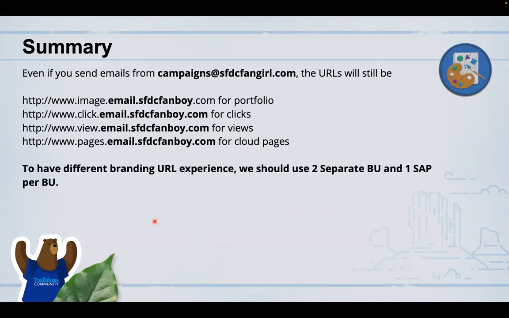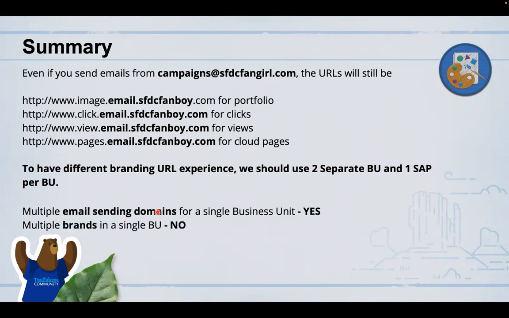So if you want a different branding URL experience, again, you need separate BUs and one SAP per BU. Multiple email sending domains in a single business unit is possible. You can send from Fangirl or Fanboy or any other domain. But multiple brands in a BU is not possible. Okay. Let me quickly check.